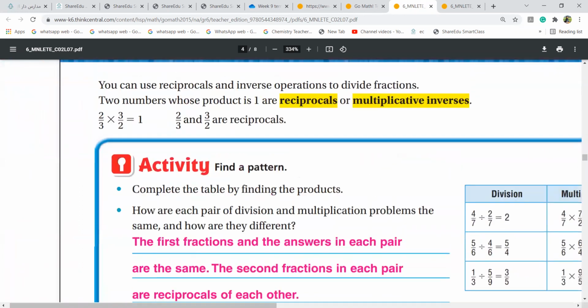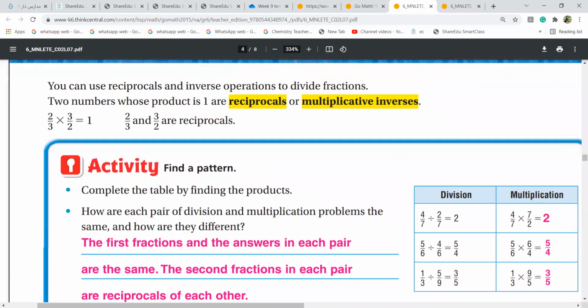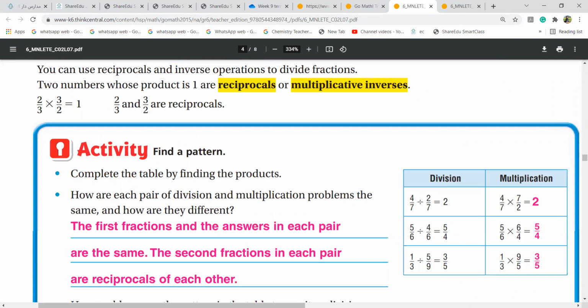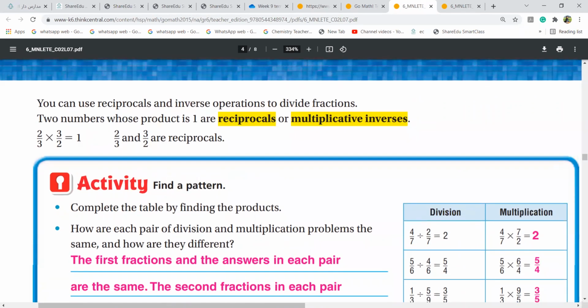Girls, activity, please put a cross mark. You know that two numbers whose product is 1 are reciprocals or multiplicative inverses. Didn't I say, girls, if you have two same numbers in numerator and denominator, your answer will be 1?